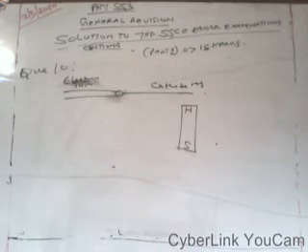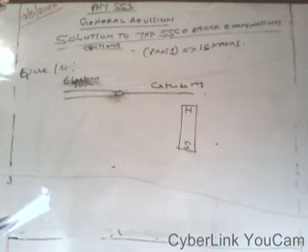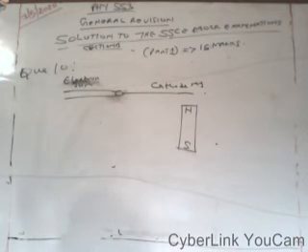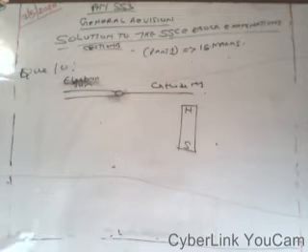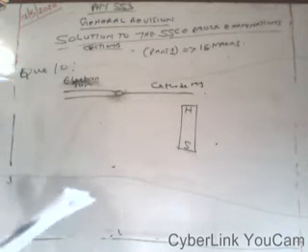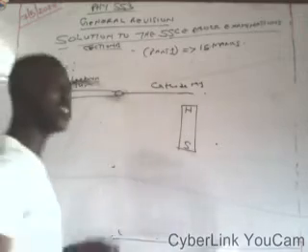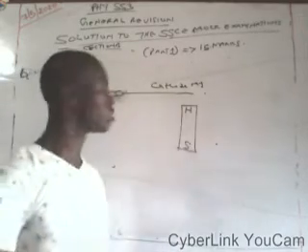The question underneath is: from the diagram above, will the ray bend downward or upward? Then the next part is to explain your answer, whether the ray is going to bend downward or upward.